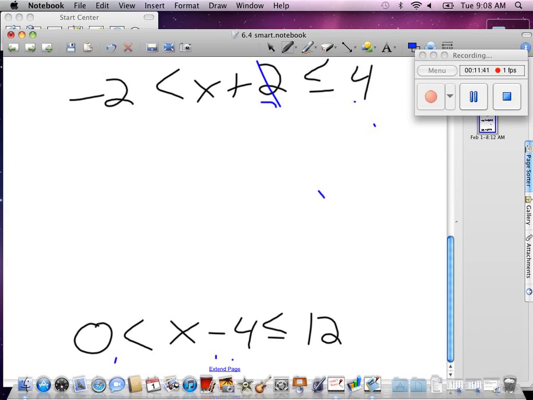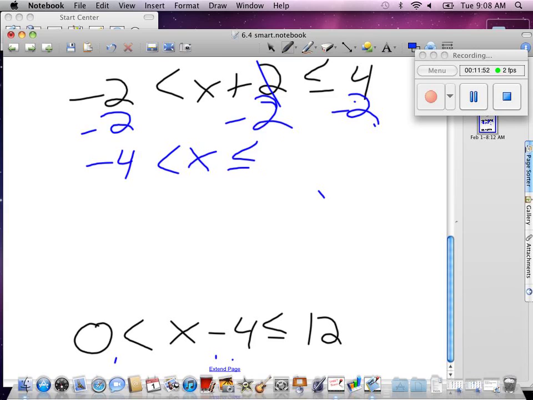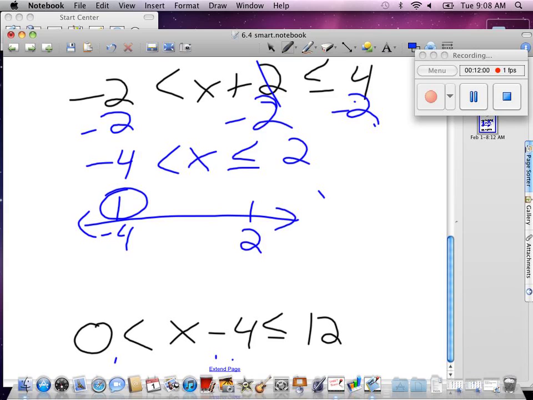It's not being multiplied, it's being added, so you want to subtract. We're going to subtract everything by 2, and we get negative 4 is less than x, which is less than or equal to 2. We then graph this. We've got negative 4, we've got 2. We have an open circle over negative 4, but a closed circle over 2, and they're connecting each other.